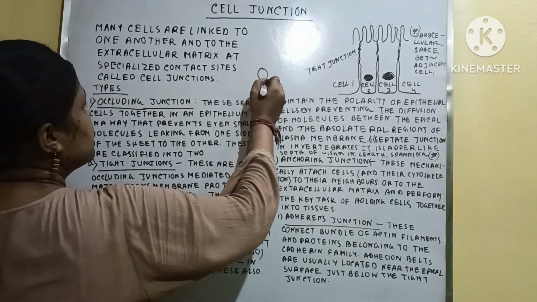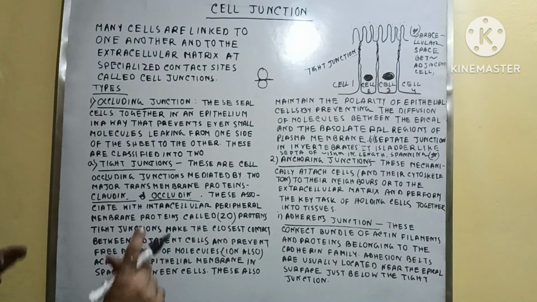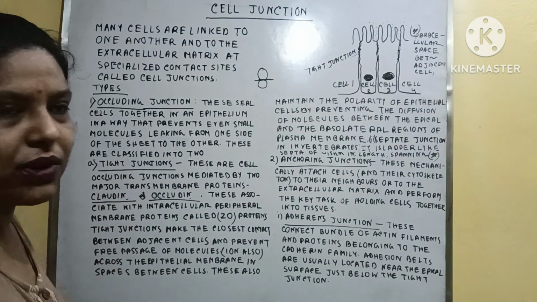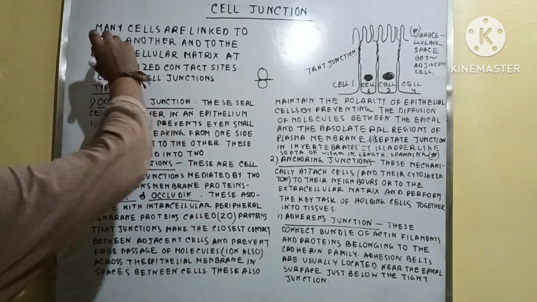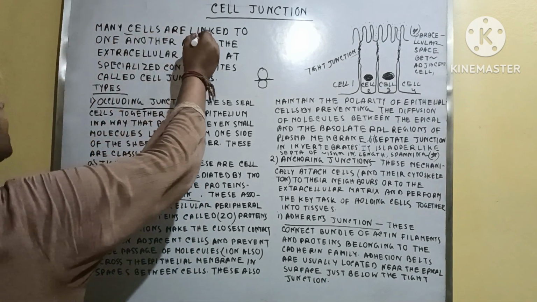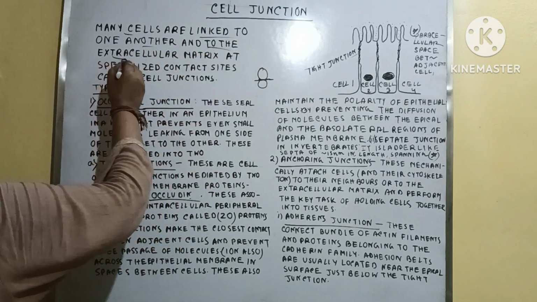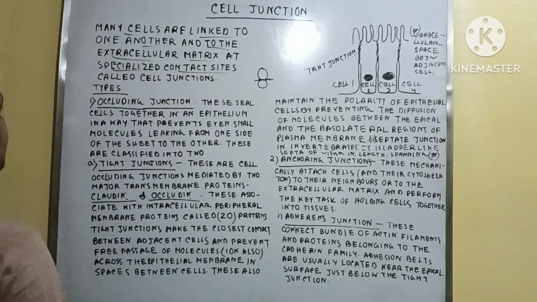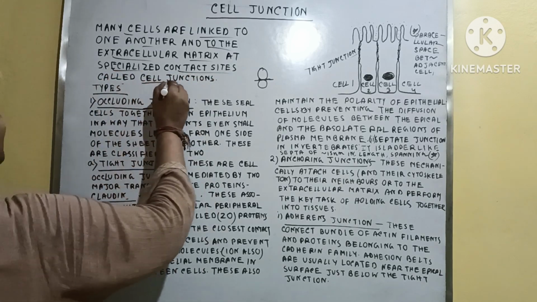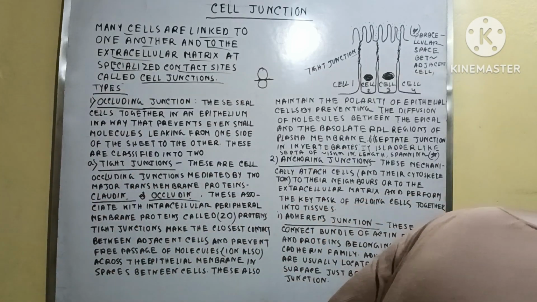This is a cell, this is a cell, and the junction between the two cells, or you can say the linking region, is called the cell junction. Many cells are linked to one another and to the extracellular matrix at specialized contact sites. These are called cell junctions. Clear?